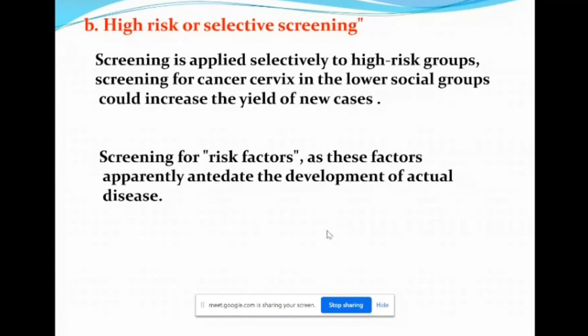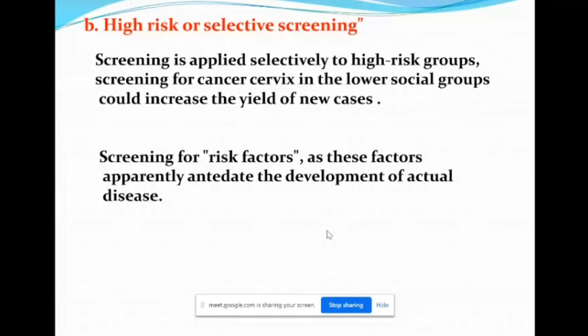The other type is screening for risk factors. Here we are searching for risk factors among persons to prevent occurrence of disease.